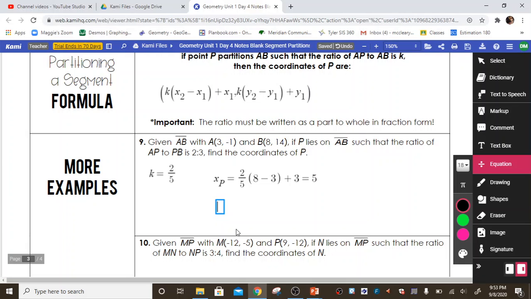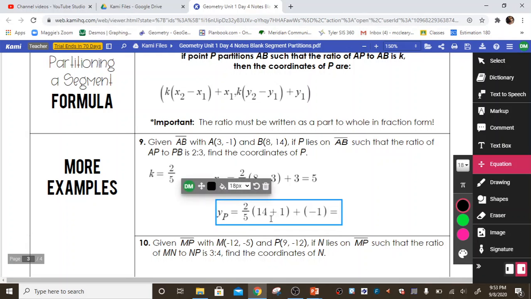Okay, let's do one more here. Let's find the y sub p. So the y coordinate, we're going to use the same ratio, 2/5, and this time we're going to take y sub 2 minus y sub 1, so that's minus a -1, and then we're going to add the initial point again, so plus a -1. Alright, so let's make sure we do our order of operations correctly.